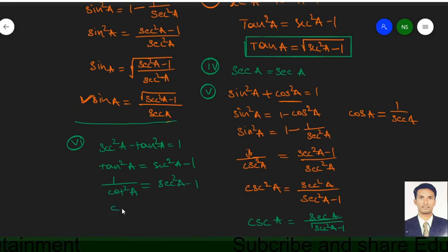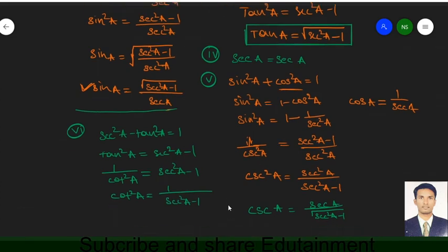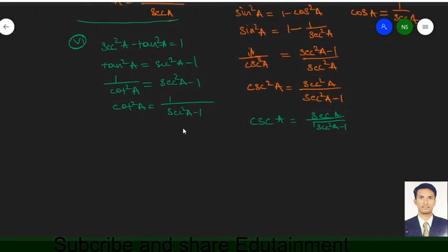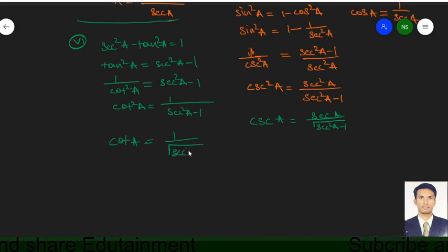So from this, if we flip the fraction, cot square A is equal to 1 by secant square A minus 1. Then here we can write cot A is equal to 1 divided by under square root secant square A minus 1.